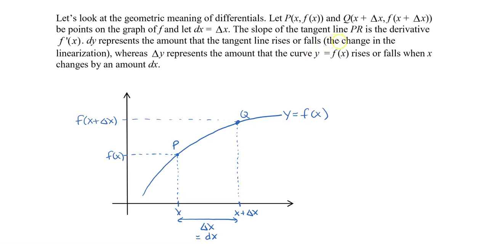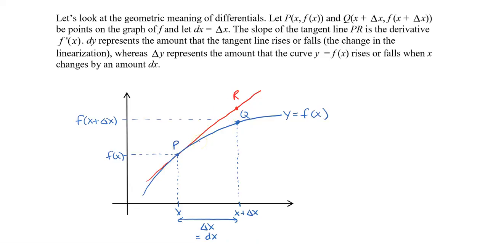The slope of the tangent line, which I'm going to call PR, is the derivative f prime of x. So I'm going to draw a tangent line at P, and let's just call this point over here R. Now I want you to place R right above Q. The slope of the tangent line PR is the derivative f prime of x.